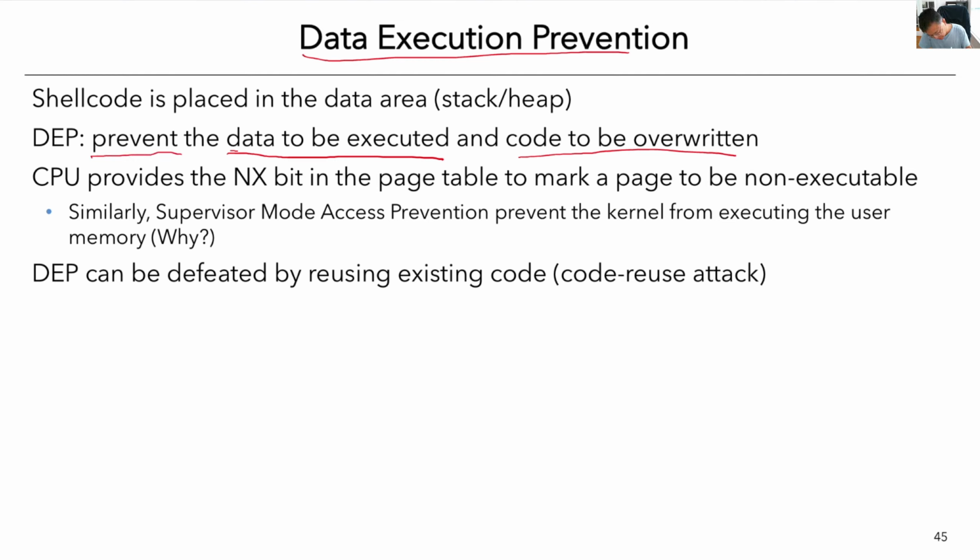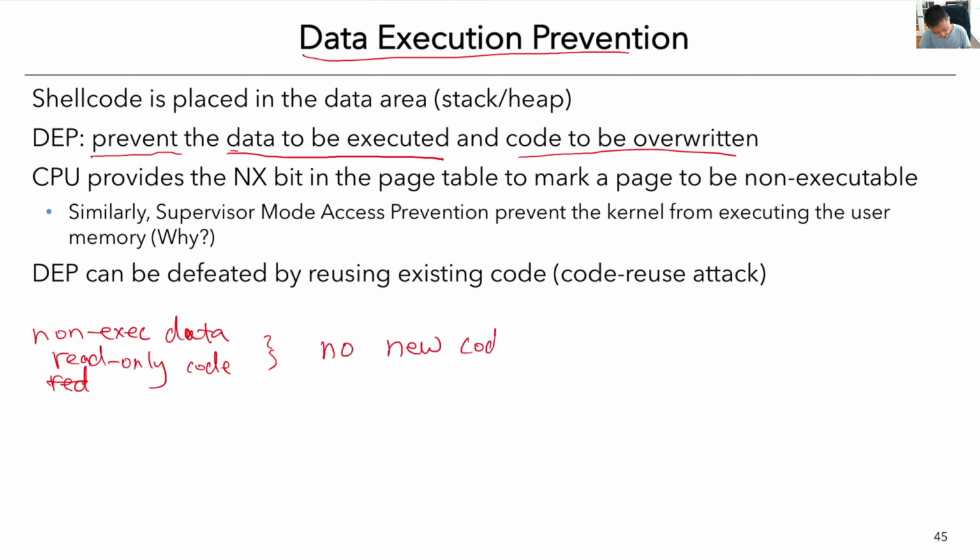So it means non-executable data and read-only code. So when we have those two conditions, it means that no new code or the shell code can be introduced to your program, right?